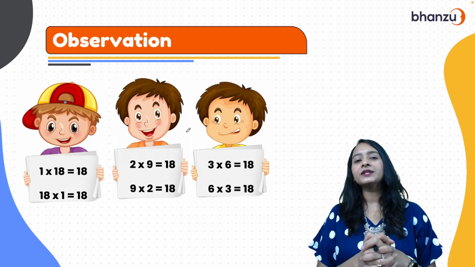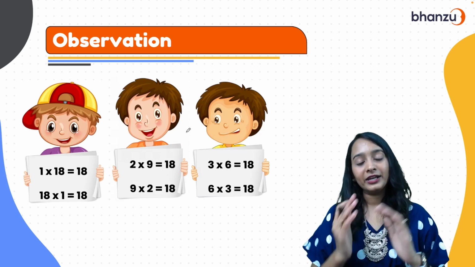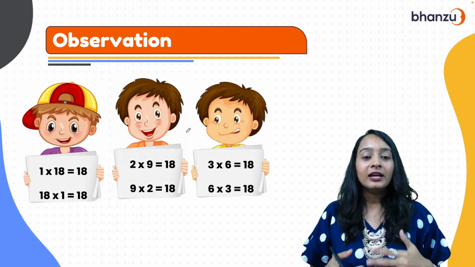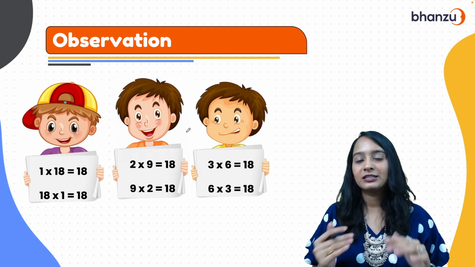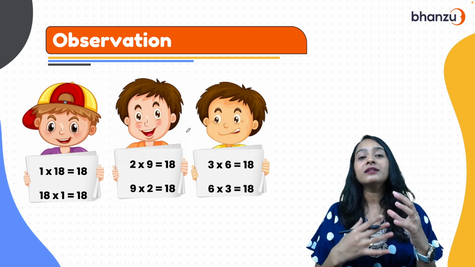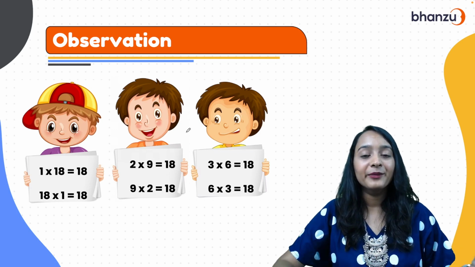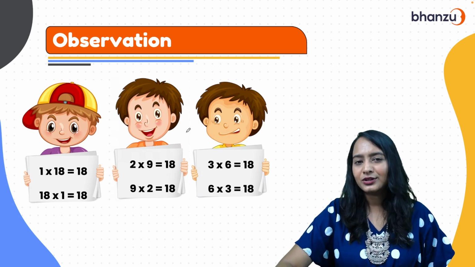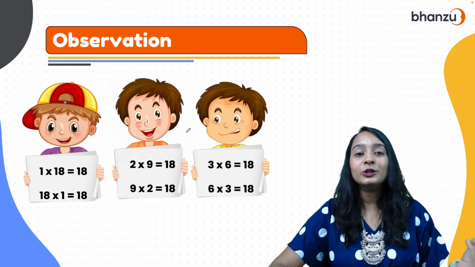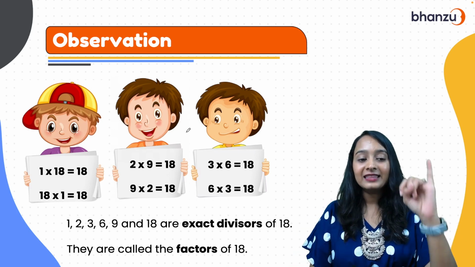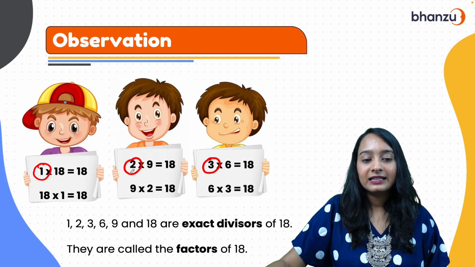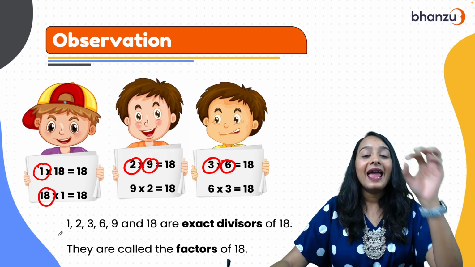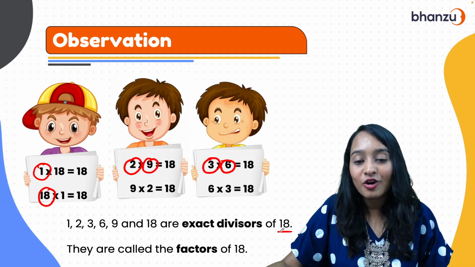So what did you observe here? 18 can be written as 1 into 18 or 18 into 1. It can be written as 2 into 9 or 9 into 2, 3 into 6 or 6 into 3, right? So these are the different ways in which you can write the number 18. What are these numbers called and how are they related to 18? Now I can say that 1, 2, 3, 9, 6 and 18 are exact divisors of 18.